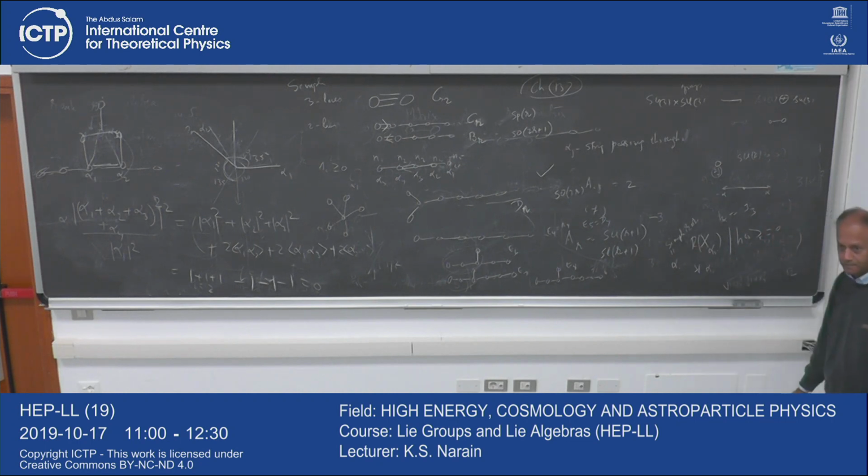So we are considering such a state, and then we start applying all the X minus alpha i's, just like we were doing for SU3. Remember for SU3 we had alpha 1 and alpha 2, and we chose 1 0, which gave you the fundamental representation. 0 1 gave you the anti-fundamental representation. 1 1 was the adjoint itself.